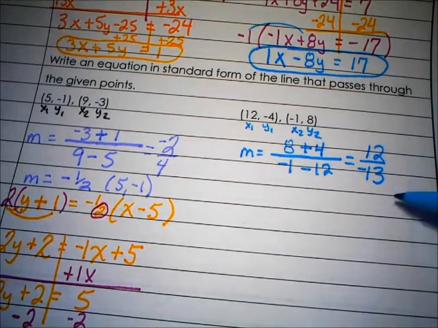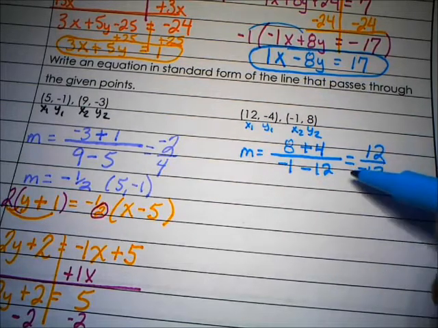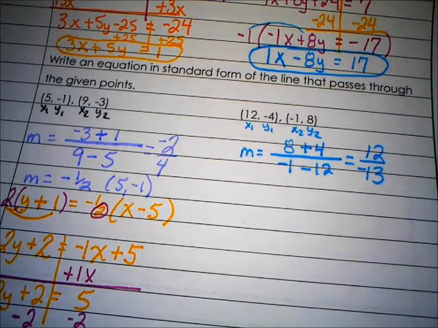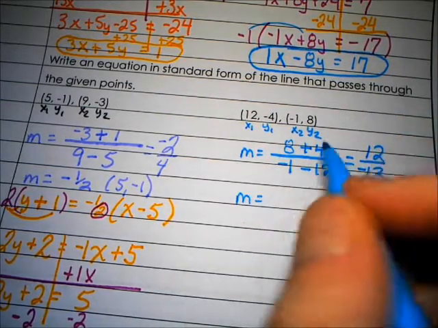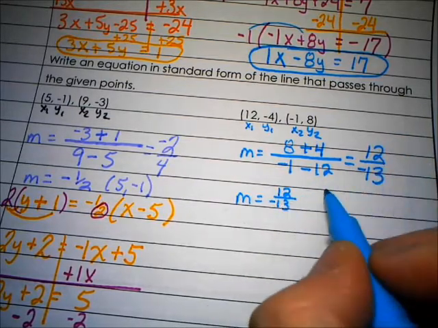Okay, I come out with 8 plus 4 over negative 1 minus 12, which gives me 12 over negative 13. So my slope is a strange one this time, 12 over negative 13.